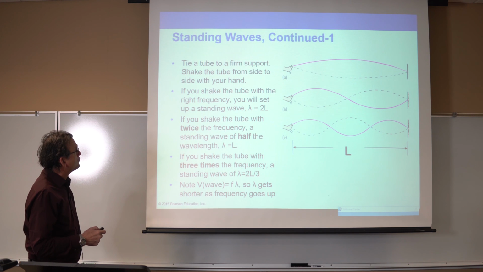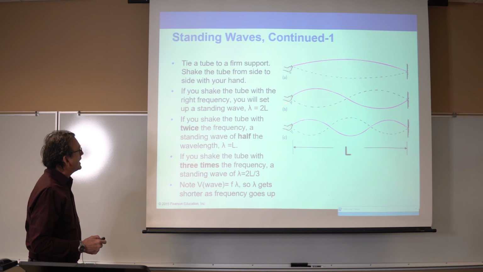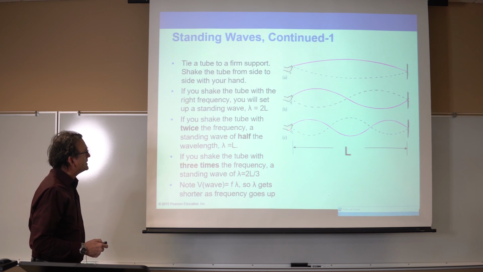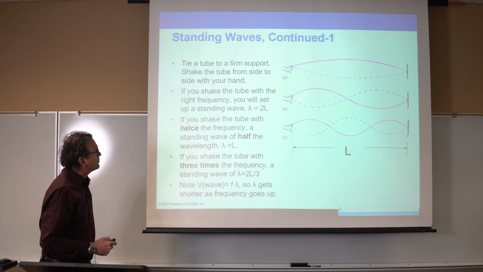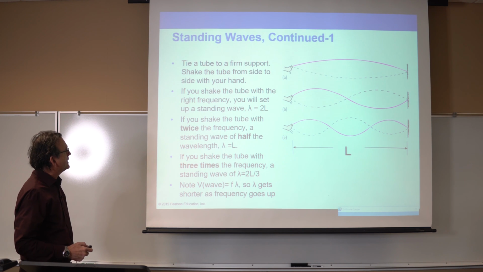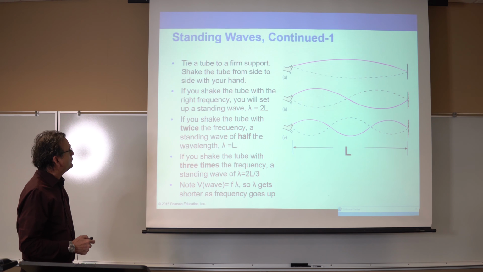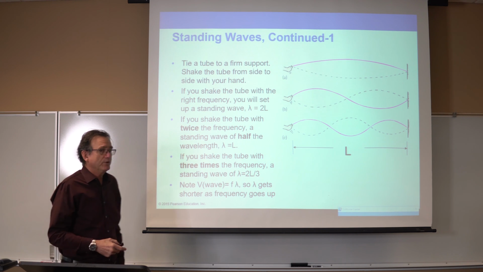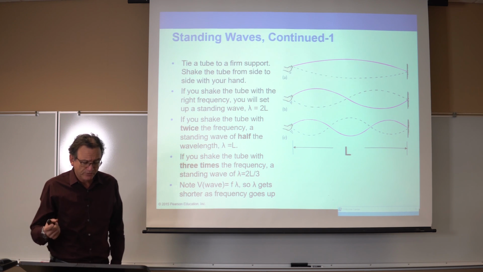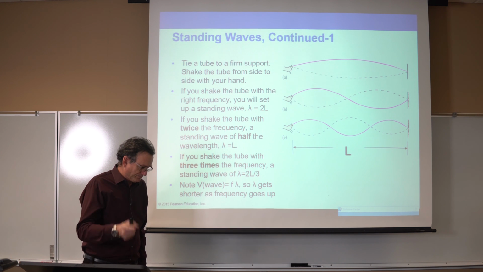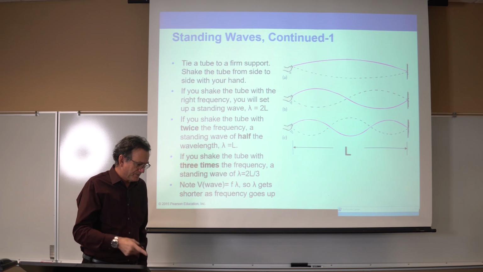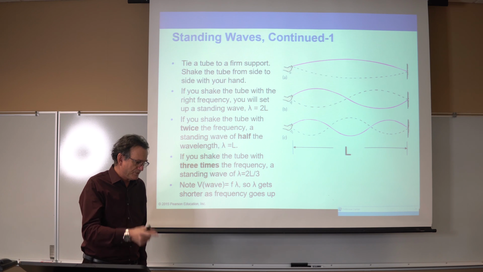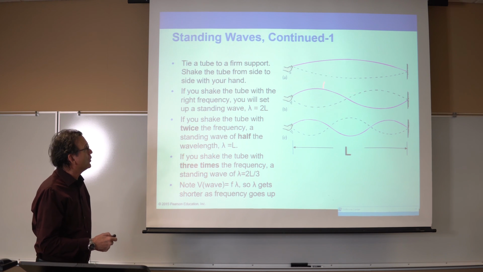If we imagine a rope or a tube that is being shaken up and down, there will be certain frequencies that we can shake the rope that will produce the standing waves. And if you shake the tube at one of those frequencies, you will get a standing wave that looks very much like what we call the skip rope, in other words, the children on the playground circling this half wavelength over and over.